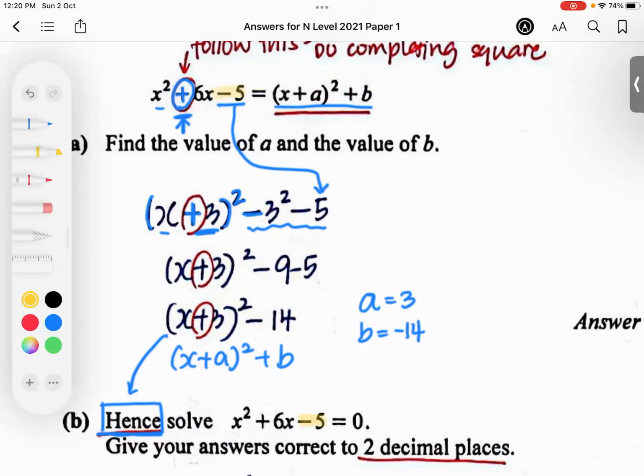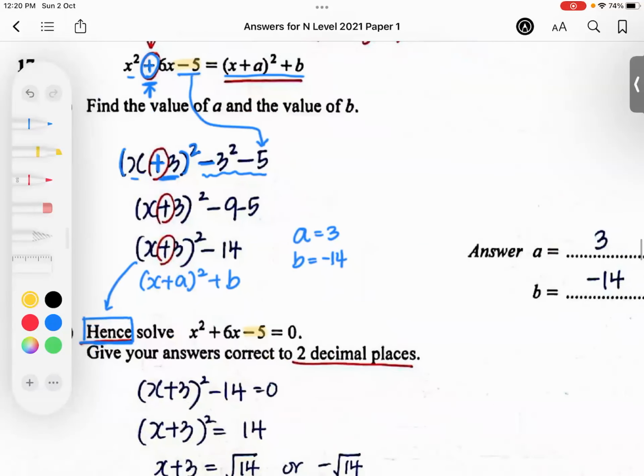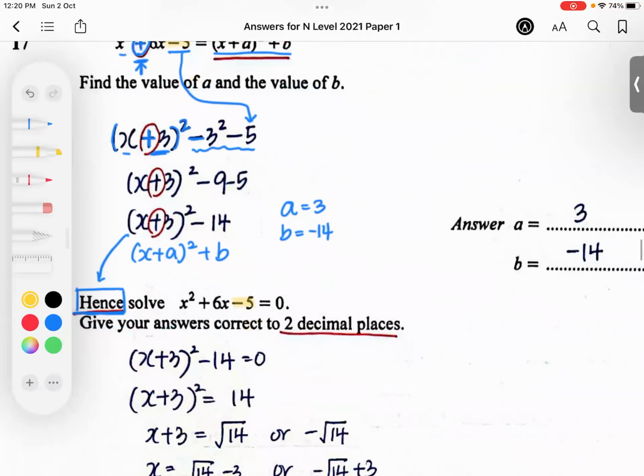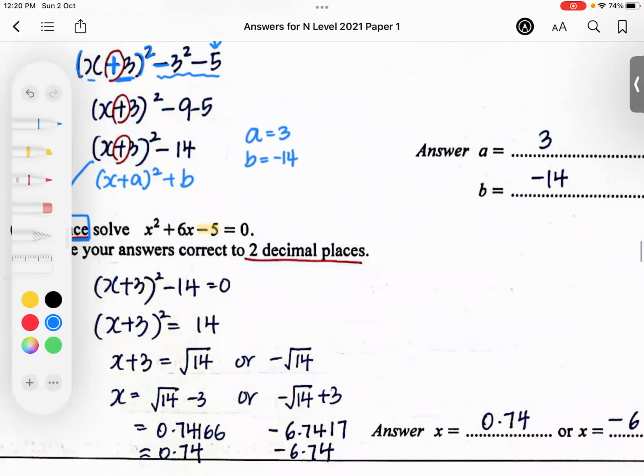Let's say if the question is not -5, then what do we do? For example, I sidetrack a little bit. So x squared plus 6x, maybe they give you minus 6 equals to 0. But my original question is x squared plus 6x minus 5. What can I do? I need to change this into the expression that I have in terms of my x squared plus 6x minus 5.